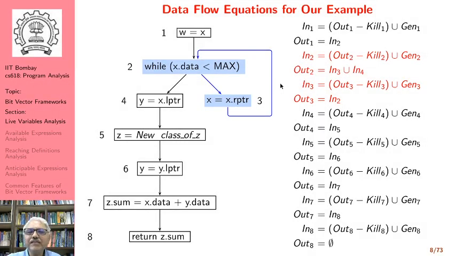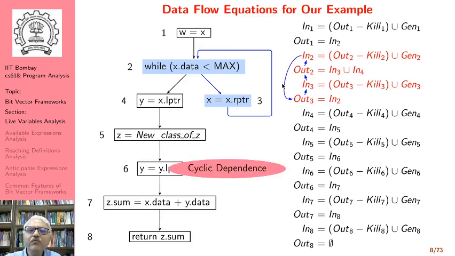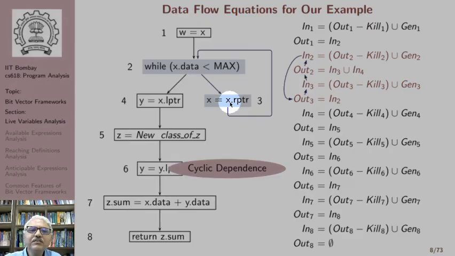We get a cycle here because in2 depends on out2. Out2 in turn depends on in3. In3 in turn depends on out3. And out3 in turn depends on in2, and therefore we end up getting a cycle like this.